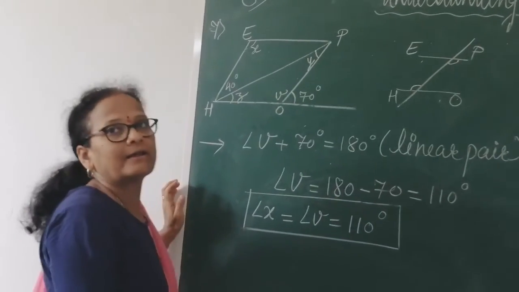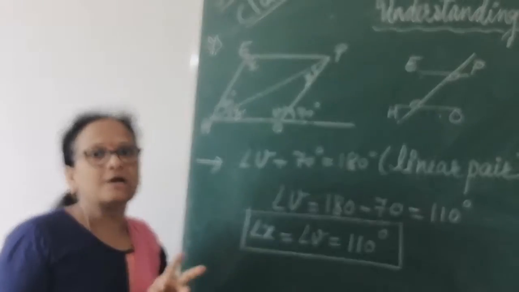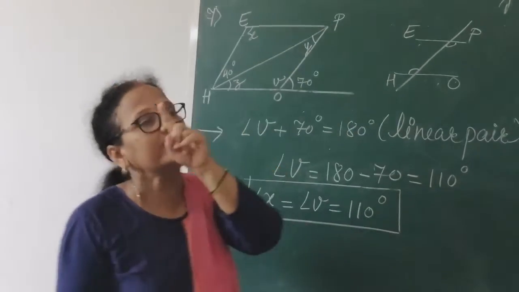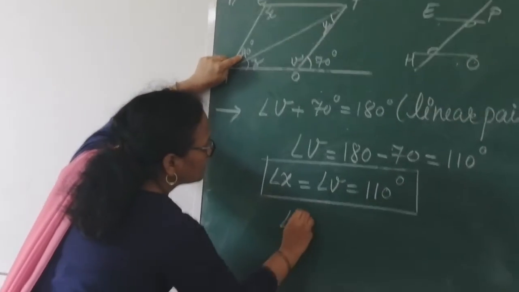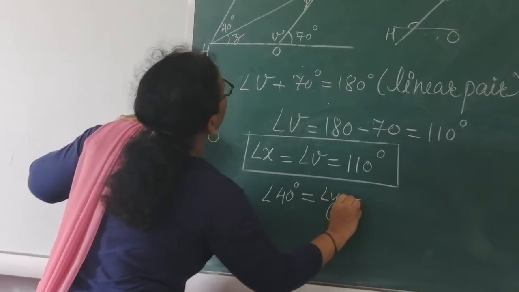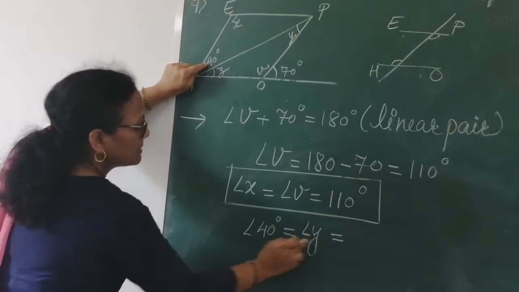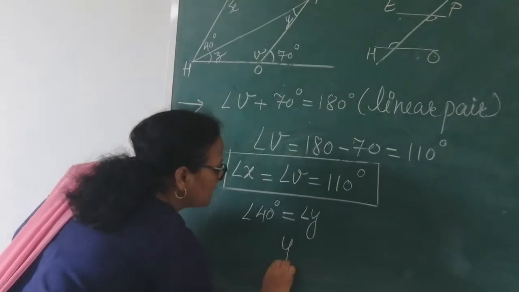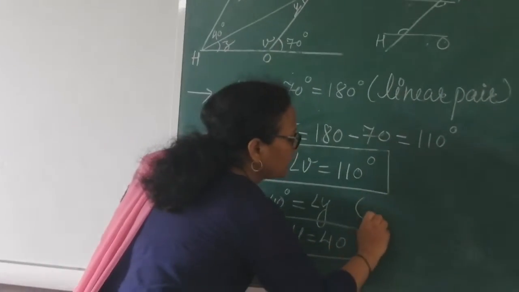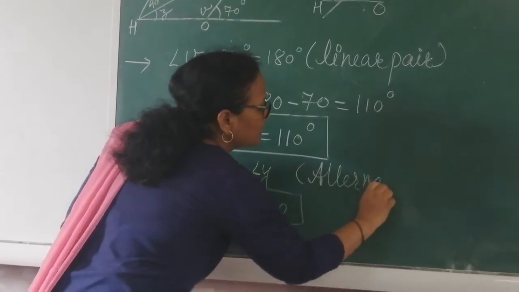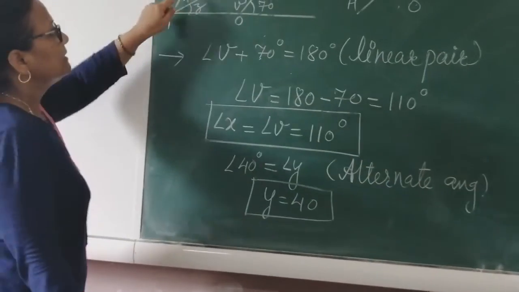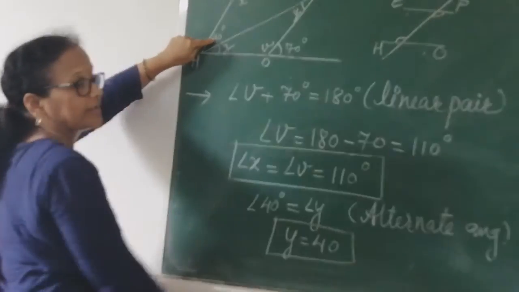Because they are alternate interior angles. When a transversal is given across two parallel sides, alternate angles formed are always equal. So directly write down angle 40 is equal to angle Y. Okay, angle Y is equal to 40. Why is Y equal to 40? So here you have to write down alternate angles. Okay, alternate angles are equal. This is 40, that's why this is 40 degrees.